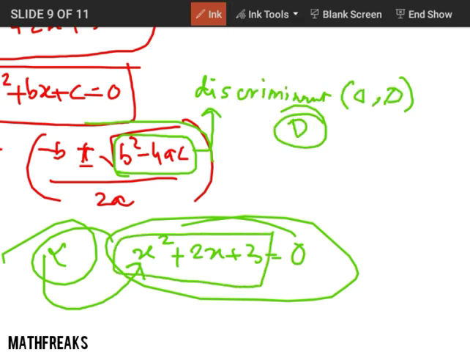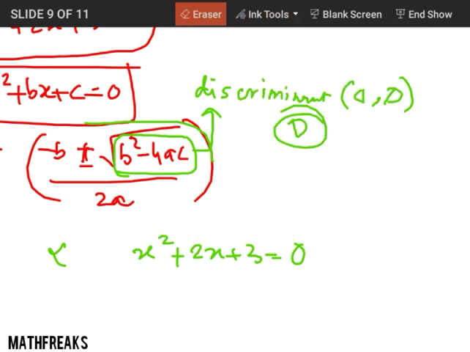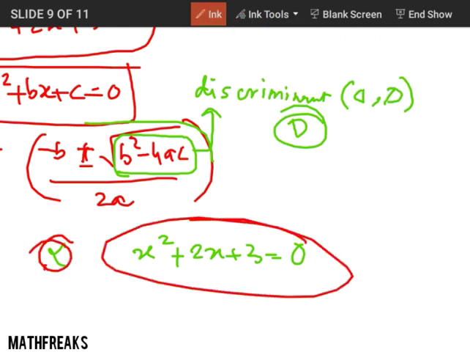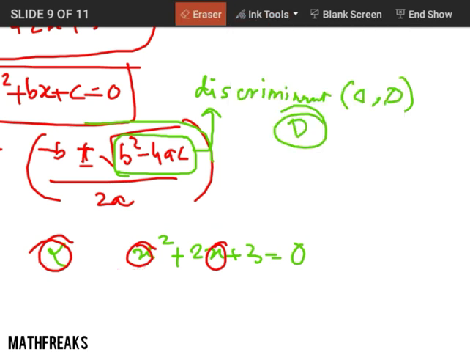I hope that you know what is a root of an equation. If alpha is a root of this equation, then alpha will satisfy this equation. This is what we mean when we say a root.